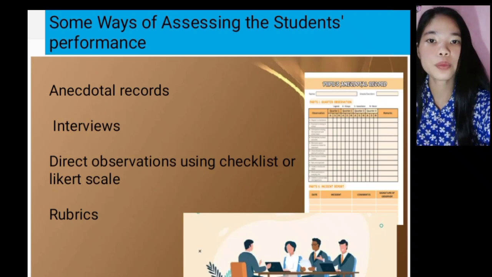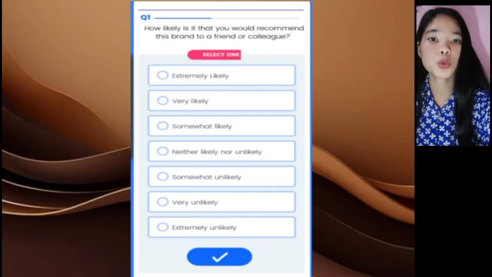We can also use direct observations, which involves checklists or Likert scale. It is a rating system that measures attitudes, opinions, and behaviors of the students. So this is an example of Likert scale. Using this will enable us to get opinions of the students.